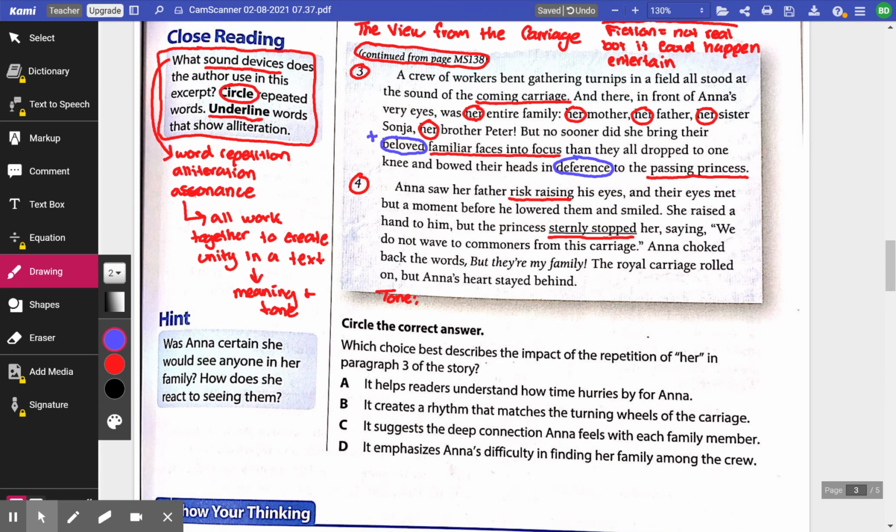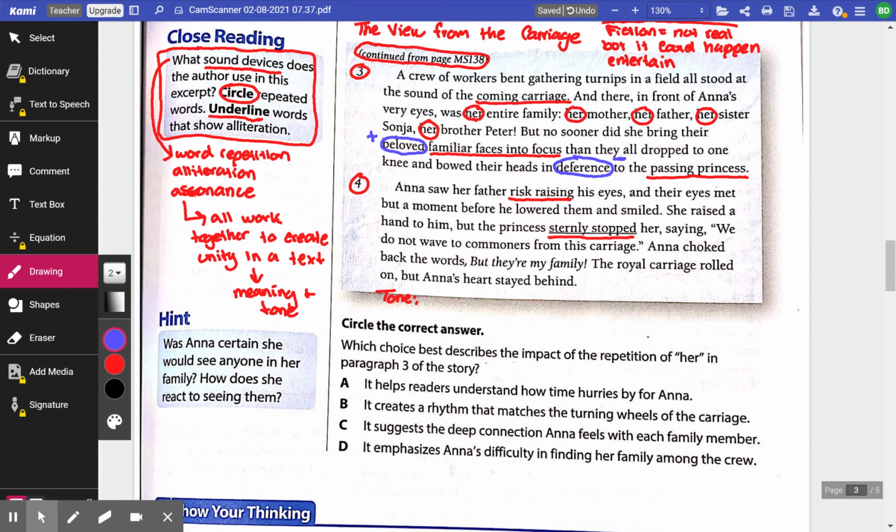But I'll go ahead and tell you. Deference means that you are humbly respecting someone or submitting to them. So if they're getting down to one knee and bowing their heads to the princess, they are showing that they respect her, but they're also submitting to her at the same time. So that's kind of negative. They're dropping to their one knee, right?